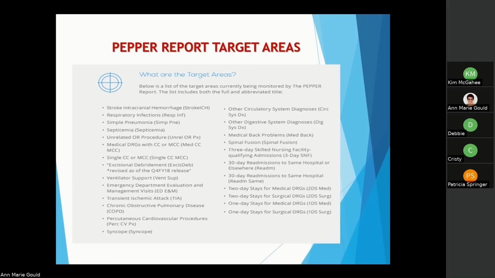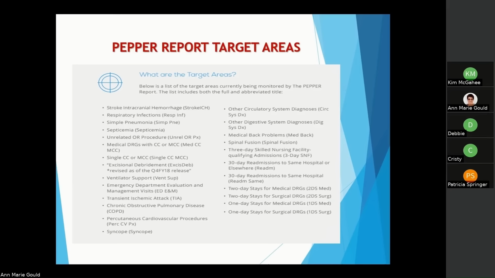The PEPA report is usually received by the quality director. So it's really up to your quality department to send this information to HIM and also to case management. Why? Because they have medical necessity 2-day stays on here too, so that would be helpful for the case management department to take a look.